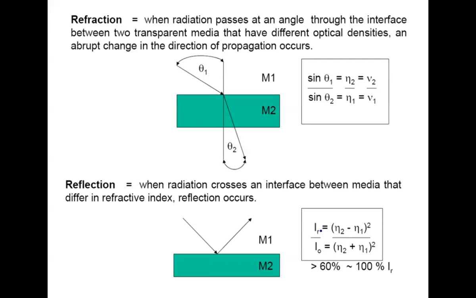So R is reflection, O is before. Yeah, that is the light, right? IR over I naught, the intensity of that reflection, is going to be equal to the difference between the two refractive indices squared over the sum of the refractive indices of the surfaces. Okay.